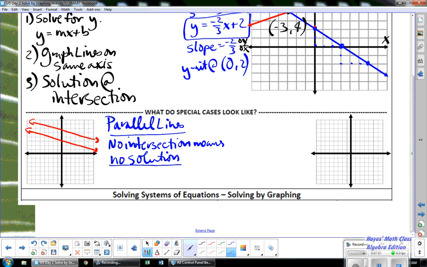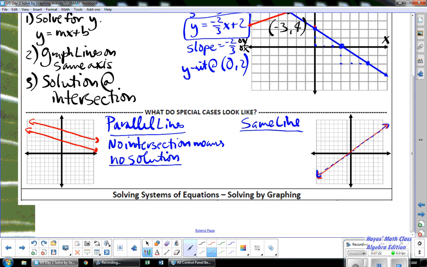On the other side, you can come up with the same line. So I'm going to draw this a little differently. I've got the one line here, and when you go to graph it, you actually get the same line just on top of it.